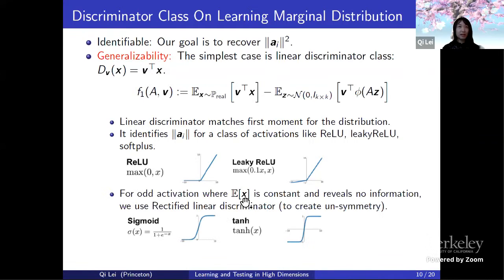But for some other kinds of activations, like odd functions plus constants, such as sigmoid and tanh, due to the symmetry of the Gaussian, the expectation remains the same for different choices of a_i's norm. So in this case, we use a rectified linear discriminator to create some non-symmetry, such that for different a_i norms the mean will be different, so that if we match the first moment, they will still be the same.